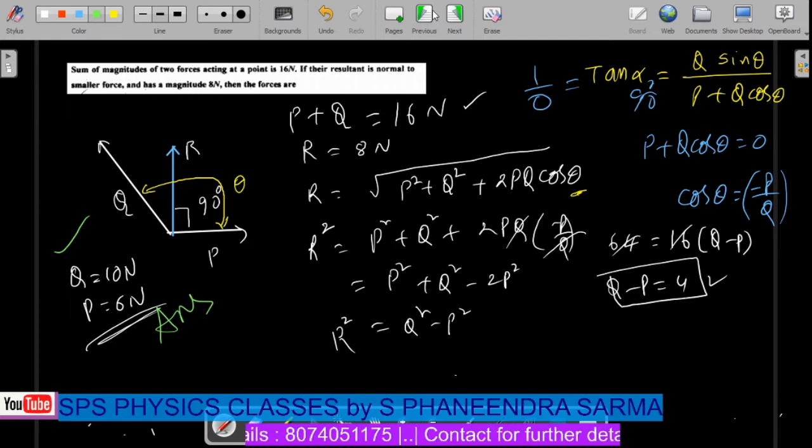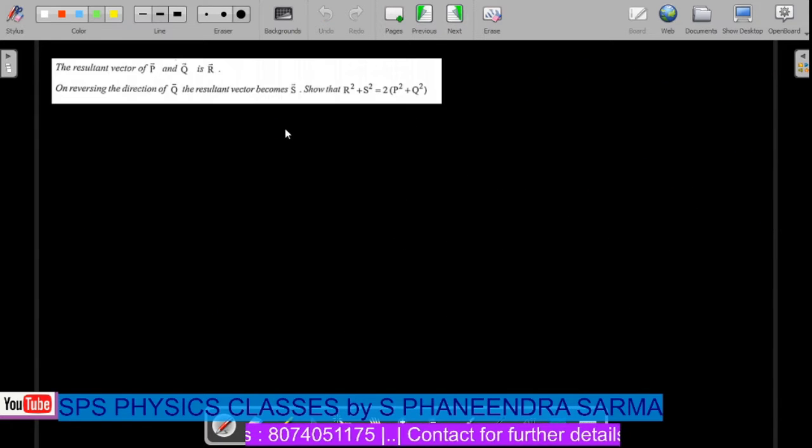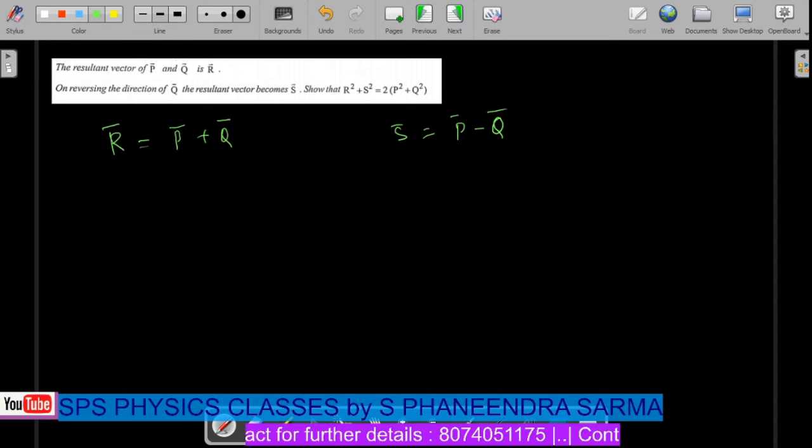Now let us go to the next case. In the given problem, the resultant of vectors p bar and q bar is r bar. On reversing the direction of q bar, the second vector, the resultant becomes s bar. Therefore, r bar is p bar plus q bar and s bar is p bar minus q bar.